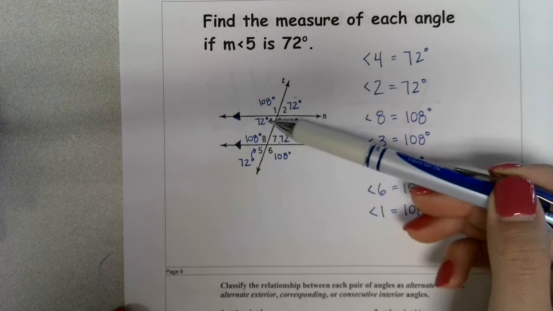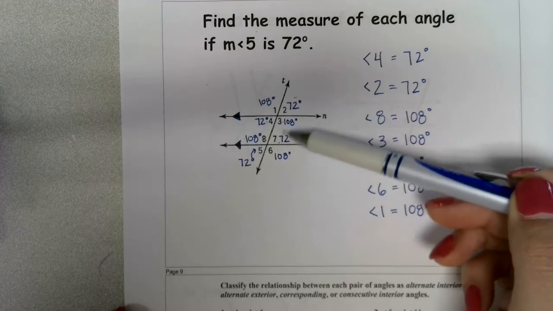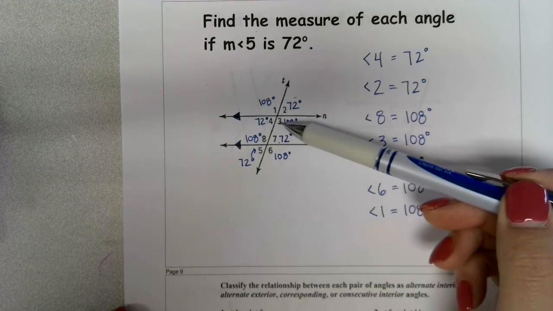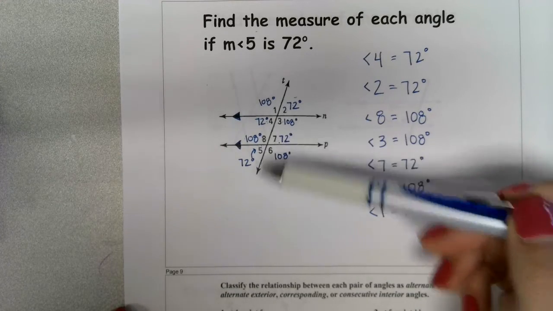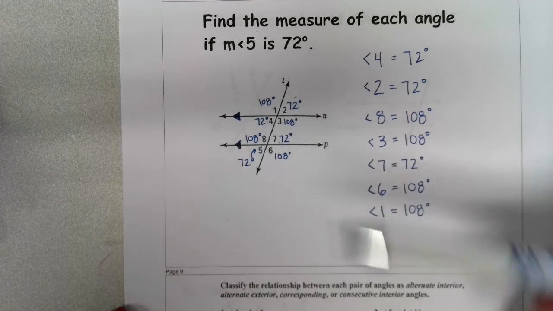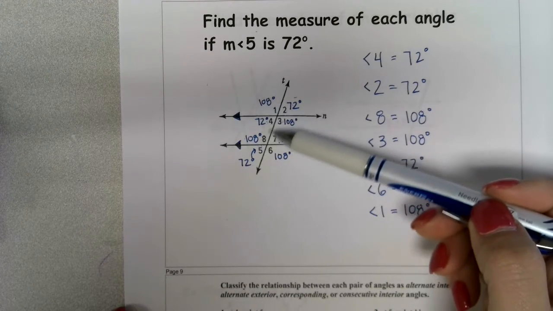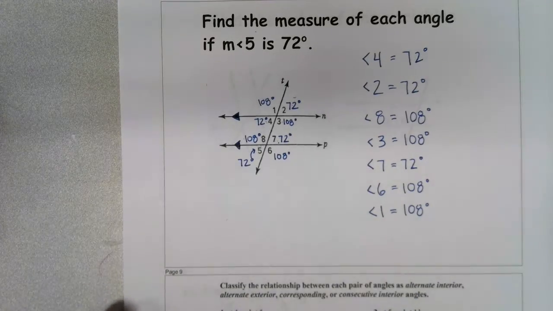So 4 and 8, those are going to be supplementary. 3 and 7, those are going to be supplementary. Every other angle, alternate interior, alternate exterior, corresponding angles, all of those are going to be congruent. The only things that are supplementary are the consecutive interior, the ones along the same side of the transversal.